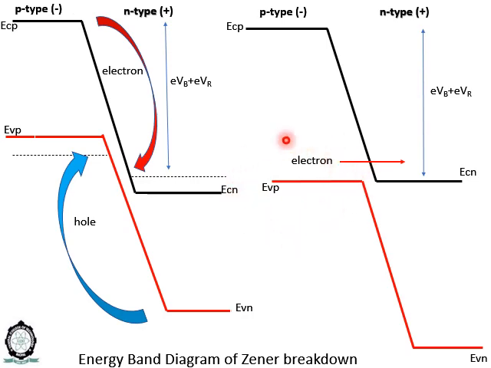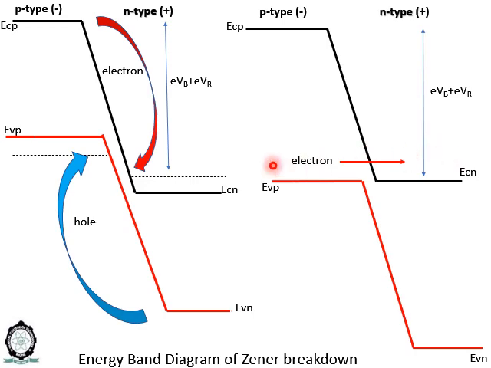When the covalent bonds are breaking here, the electrons find empty spaces in the n side, and they get a force. The positive voltage attracts the electrons towards the n side, and the negative voltage forces them to go to the n side.